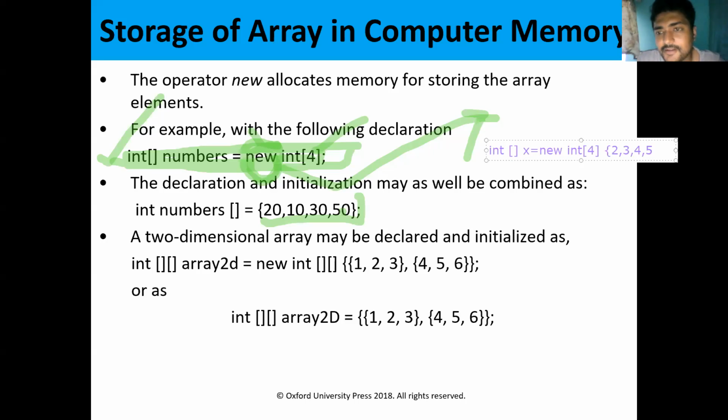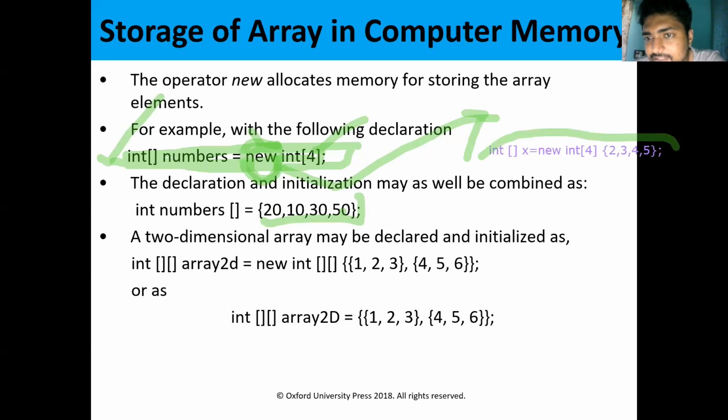So this is the declaration as well as initialization of an array by using the new operator. By using the new operator, we can declare as well as initialize in a single line.